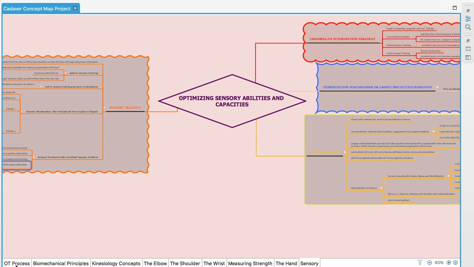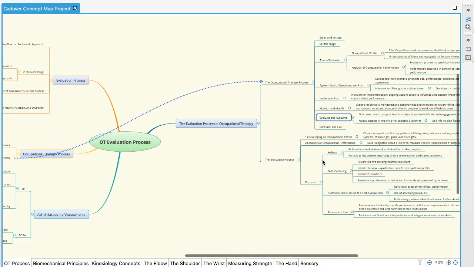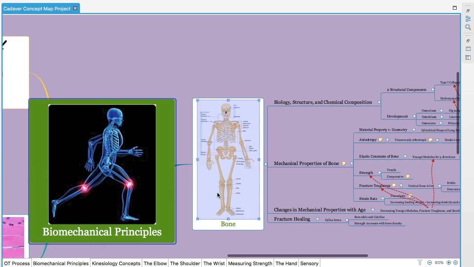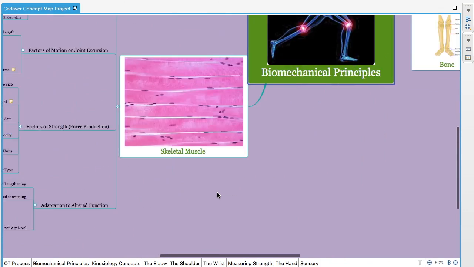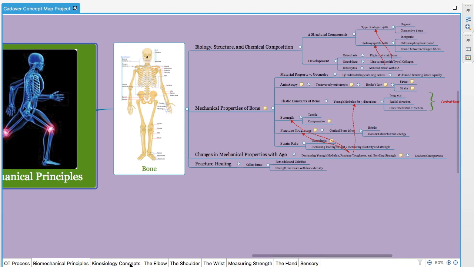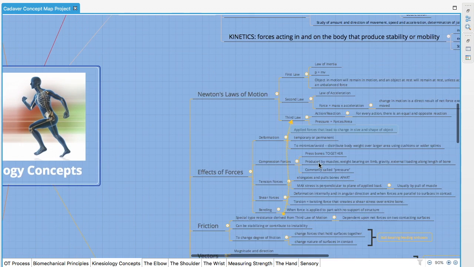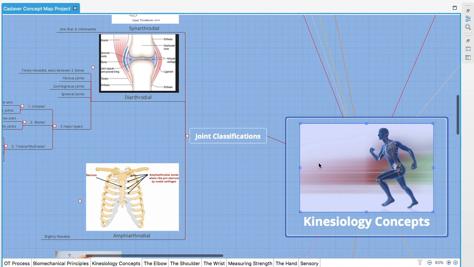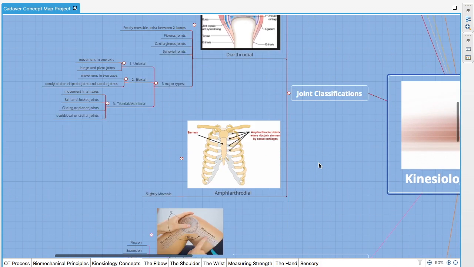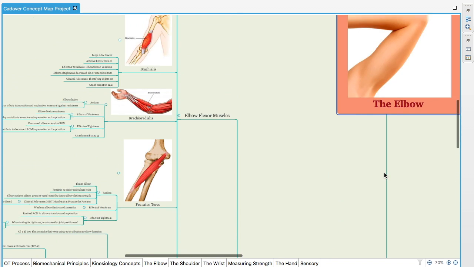In this video, we have reviewed the OT process, the biomechanical principles of the body, the kinesiology concepts associated with the science of movement, responses that produce movement, joint classifications, and specific structures such as those in the elbow, shoulder, and wrist.